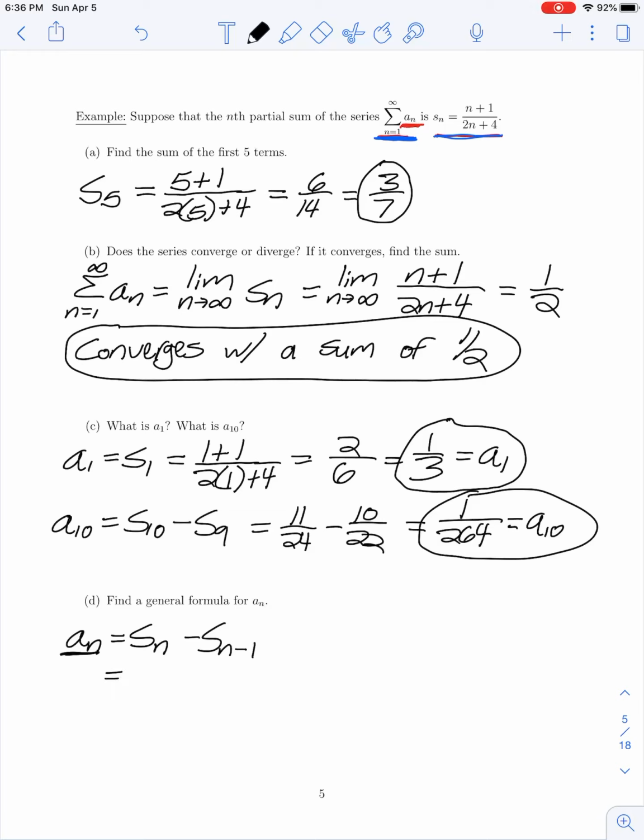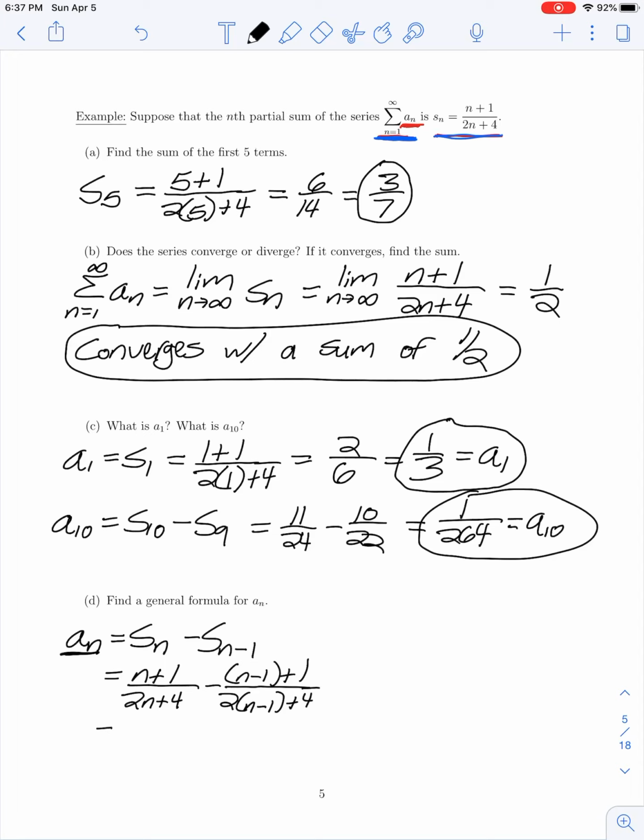So what we have here, if we look at S sub n, we have (n + 1) over (2n + 4), and then we're subtracting S sub n minus 1, which would be (n minus 1 plus 1) over (2 times (n minus 1) plus 4).